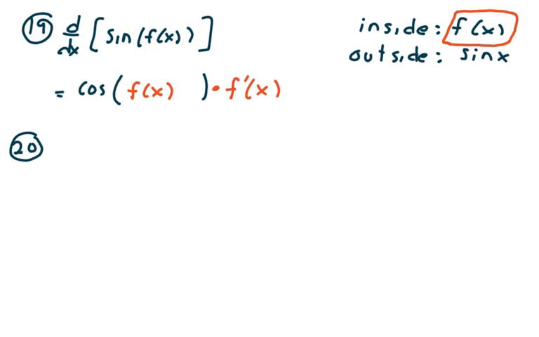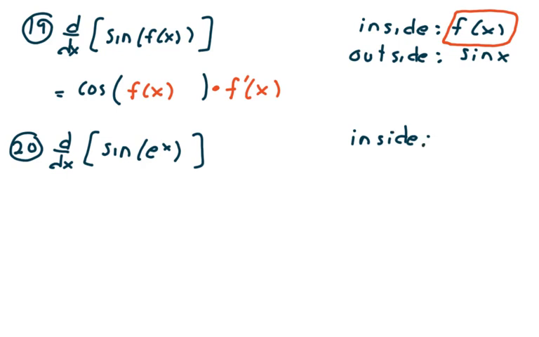Let's take a look at 20. So do we see a pattern here? Suppose I want the derivative of sine of e to the x. What's inside? The inside function is e to the x. What's outside? The outside function is sine of x. Now, it's going to be the derivative of the outside, but we're going to evaluate it at the inside.